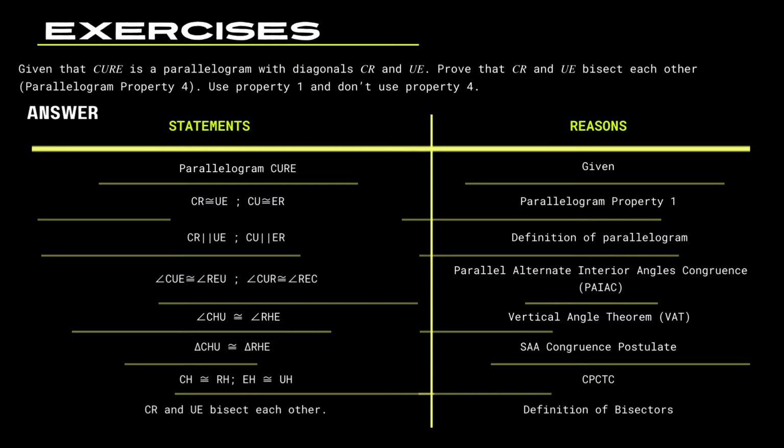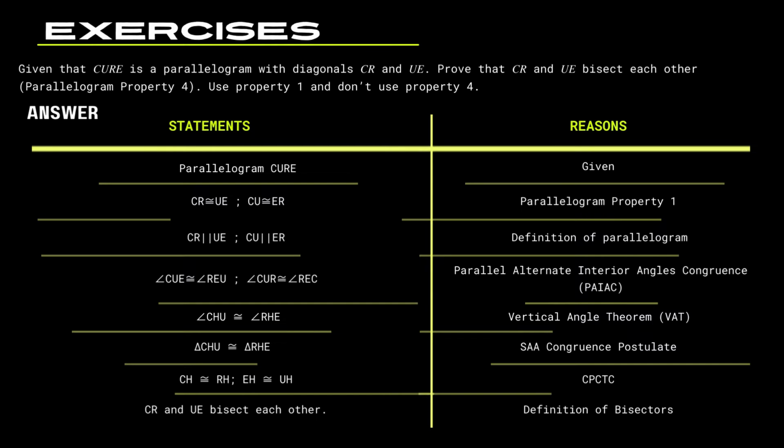To start, maybe you can use the given, then apply a condition, theorem, or property. And from that, you can either give a very detailed list or just the needed statements. And for this, what I did is just what is needed.